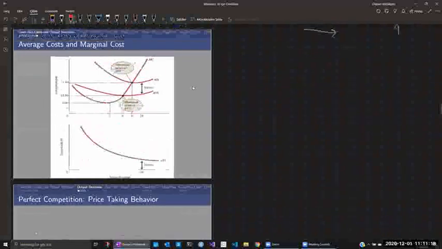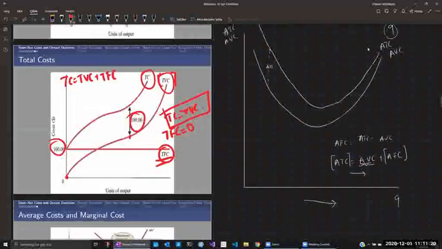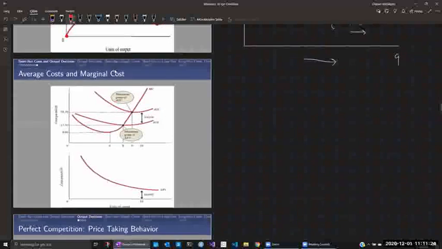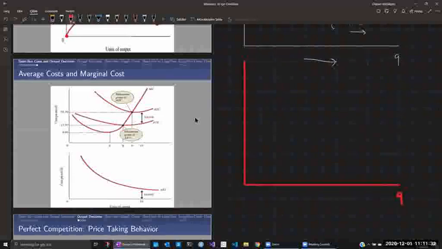Now, let us bring marginal cost and average cost together, and let's talk about it a bit. So what I want to derive is average total cost and average variable cost, and forget about average fixed cost for now because I know that it is the difference between average total cost and average variable cost.